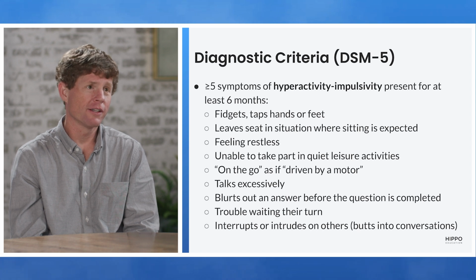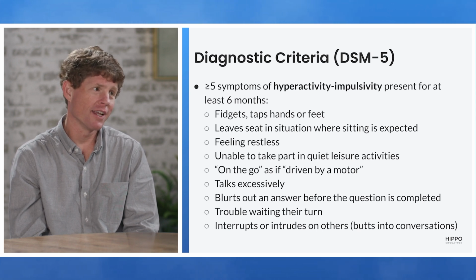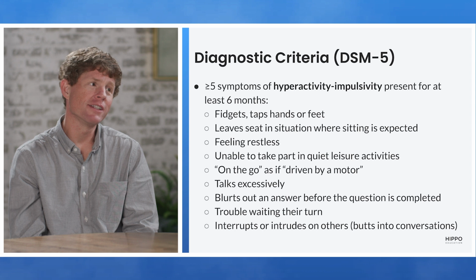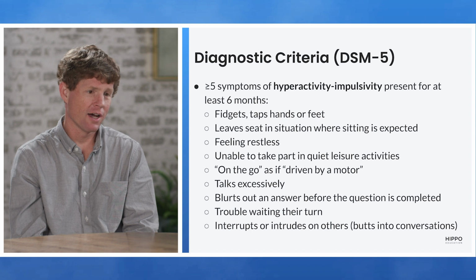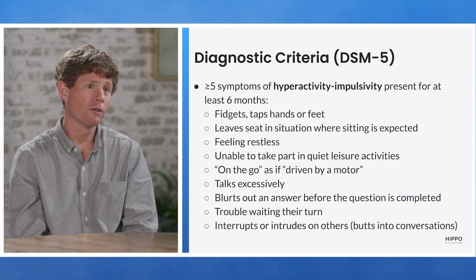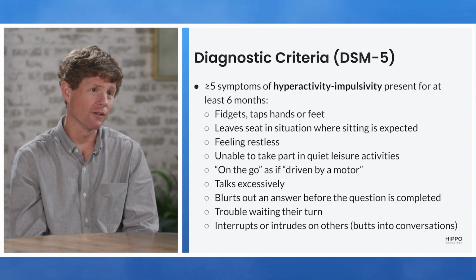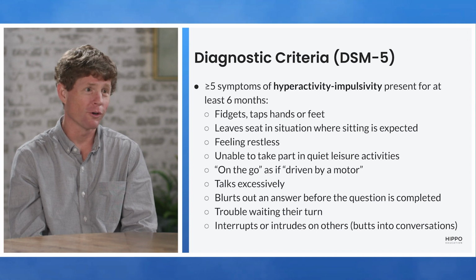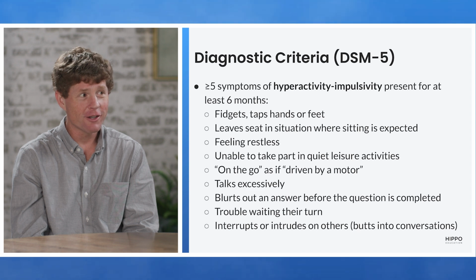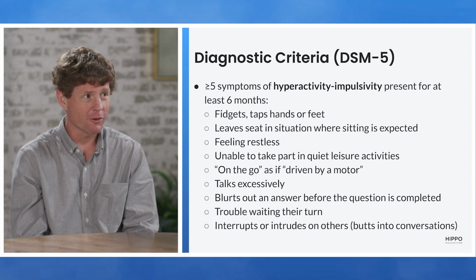So these include tapping, fidgeting, leaving seat, can't sit still at a desk for a long time, just feeling restless. Often people will have trouble being quiet or sitting still and can look as if they're on the go or driven by a motor at all times. There's a lot of talking, sometimes excessive talking or blurting out or trouble taking turns. You might notice that these patients could interrupt you frequently.